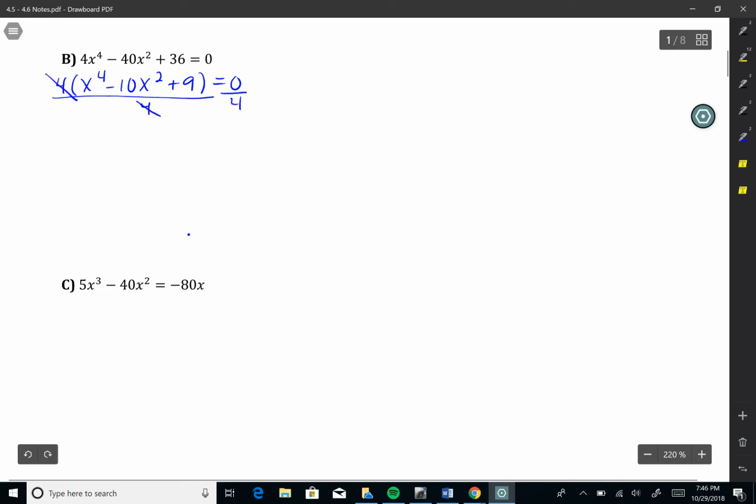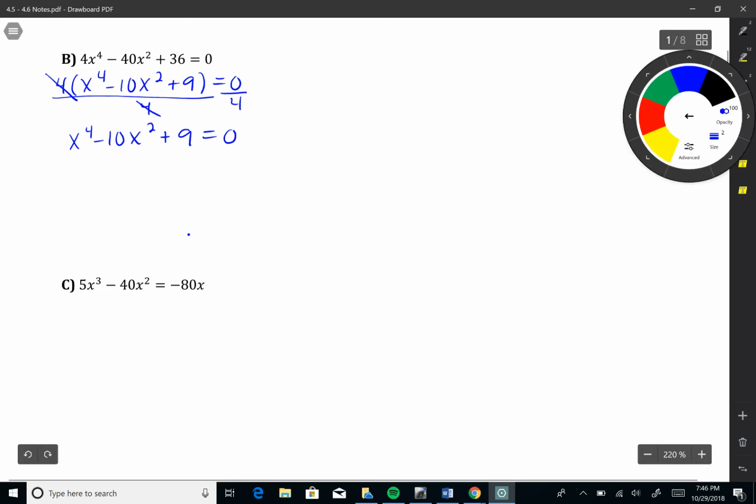There goes my 4, and now I'm left with x to the 4th minus 10x squared plus 9 equals 0. This is one of those factoring cases where I can write it in quadratic form. While this is a degree 4 polynomial, I know that x to the 4th is the same thing as x squared, squared.